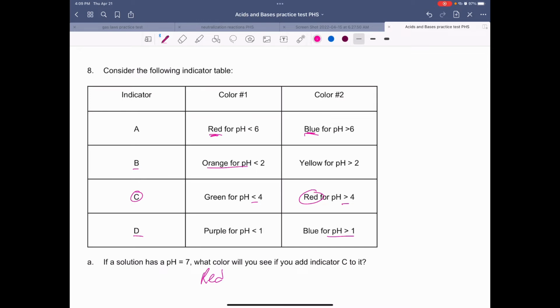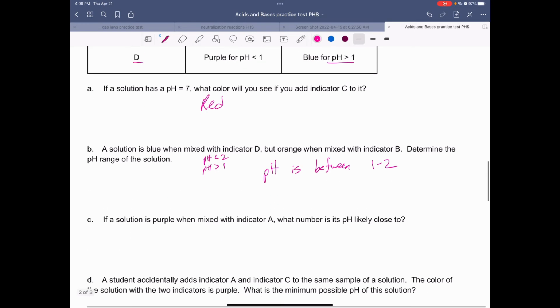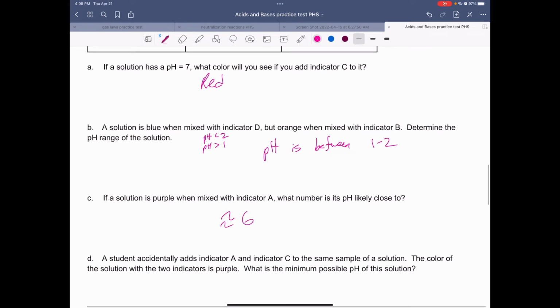So purple is sort of a mix between these two. If you think of this as a sort of a spectrum, purple would be right in the middle between red and blue. And so the pH must be right around 6 because it's really a blend of those two, reds and blues. So it's got to be right around 6. So around 6.